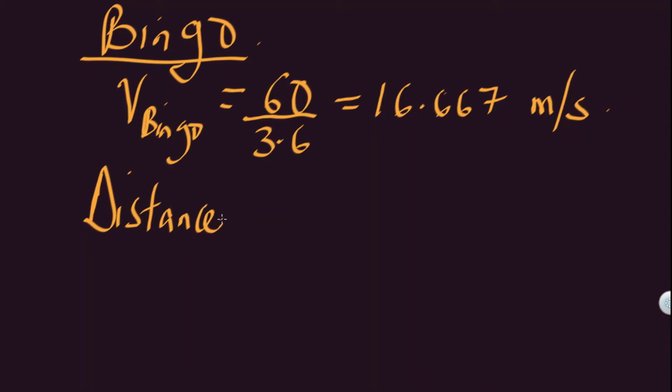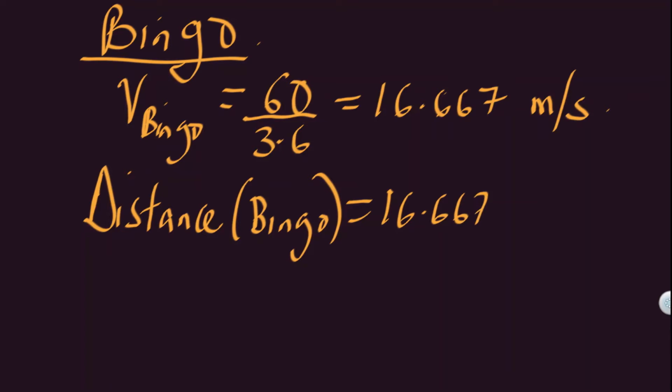Distance for Bingo, by the way, will be Bingo's speed, which is 16.667 times our time, which is 5.539 seconds. We do this, we get our distance in meters. So we got 16.667 times 5.539.